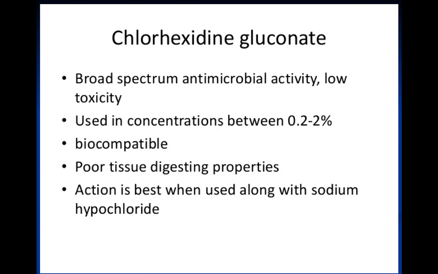Chlorhexidine gluconate has broad spectrum antimicrobial activity, low toxicity, is used in concentration between 0.2 and 2%, is biocompatible, but has poor tissue digesting properties. Its action is best when used along with sodium hypochlorite.